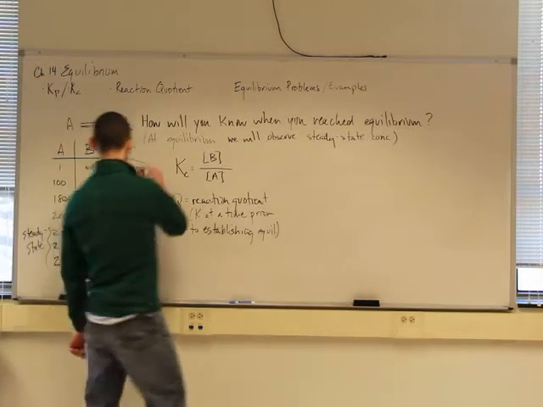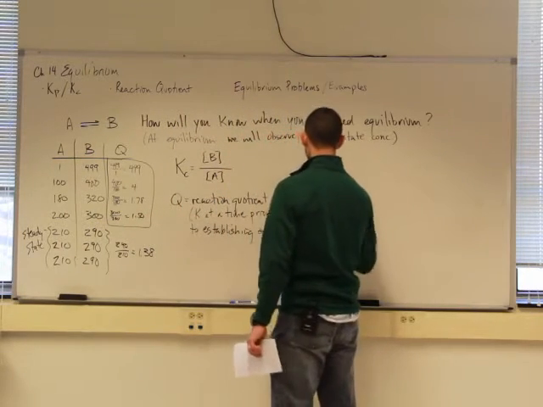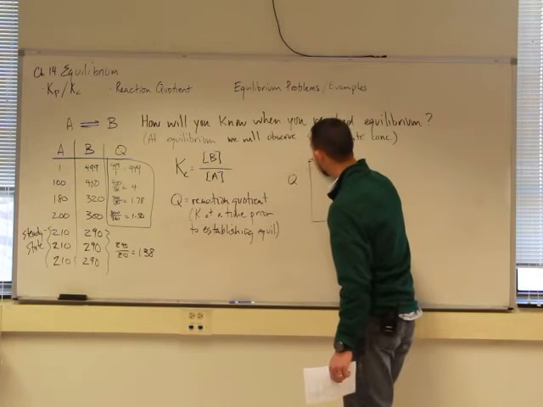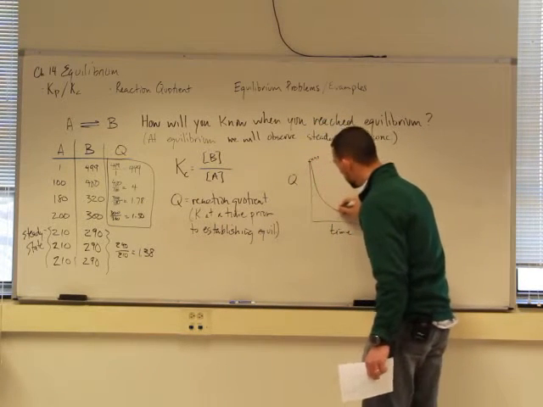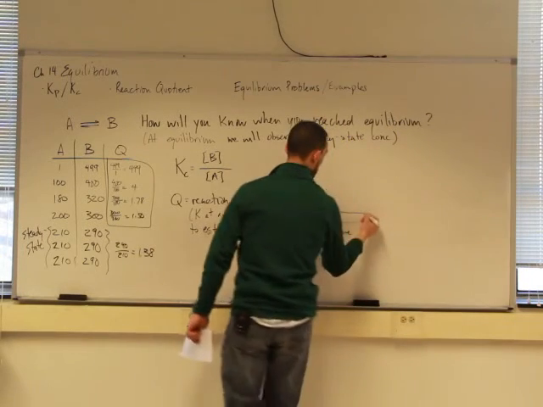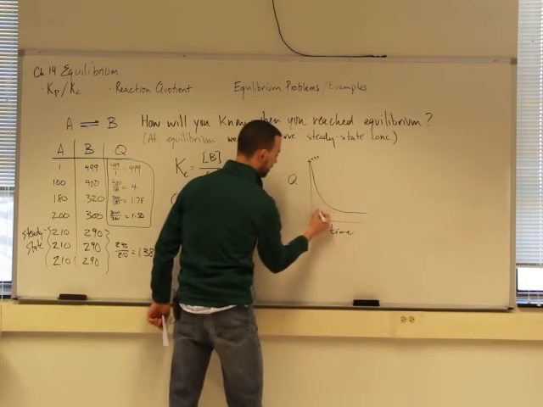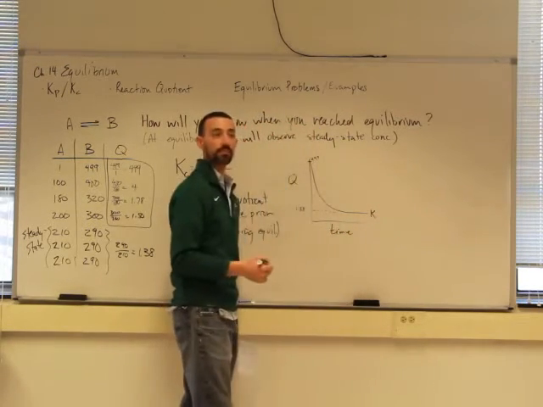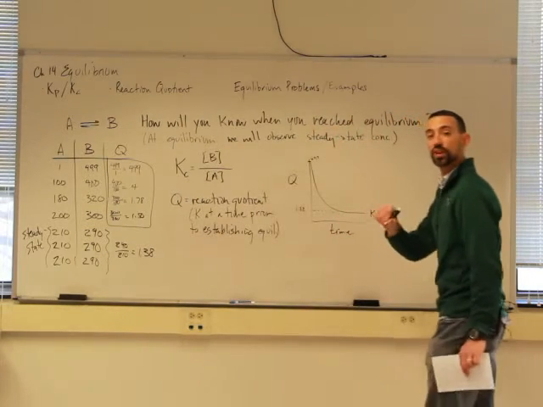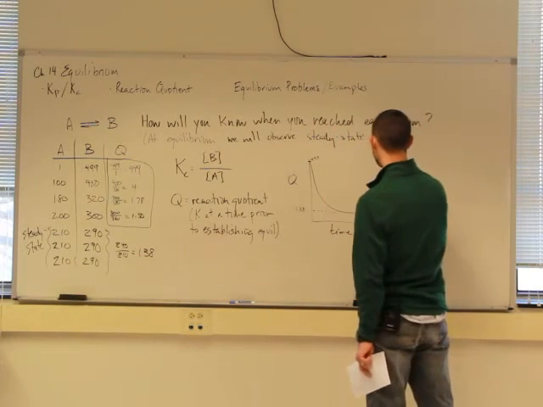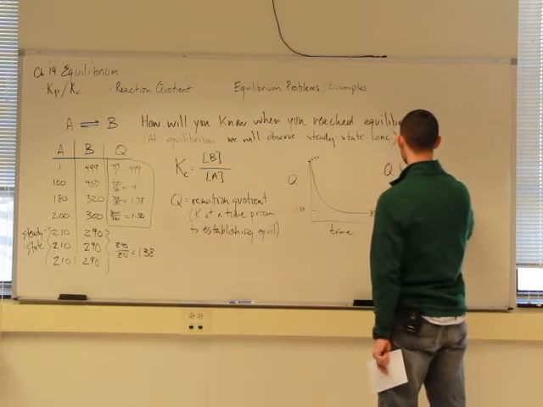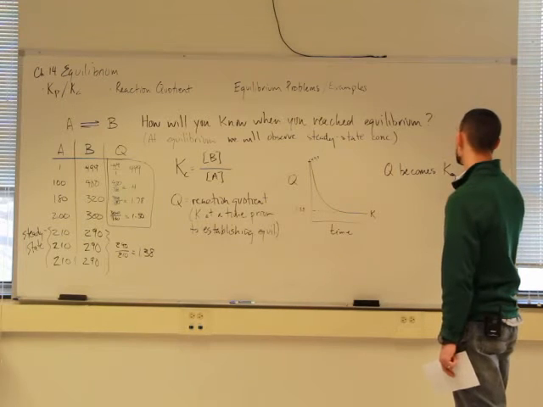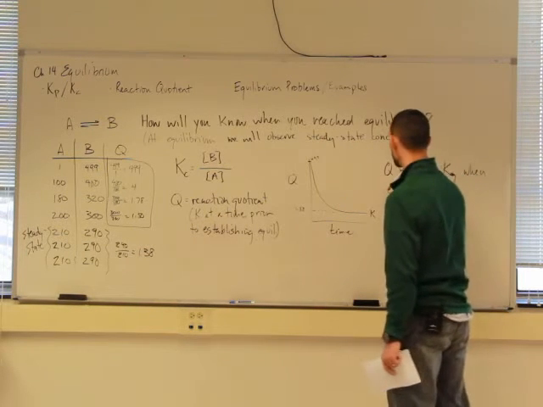If we graphed this, we would see that a graph of Q versus time, in this case, would have gone from a very high 499 all the way down until this steady state value of 1.38, which is K. So the long story made short here is that Q becomes the equilibrium constant, the Keq, all right, when equilibrium is reached.